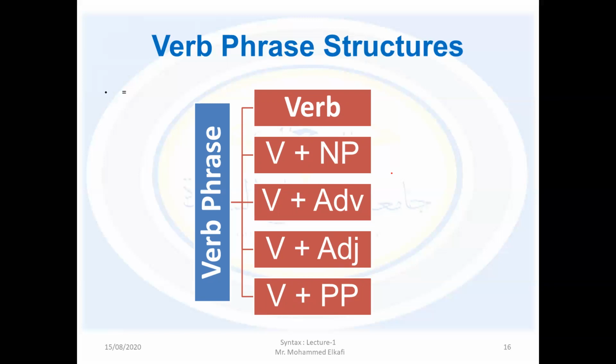The fifth verb phrase structure includes verb plus prepositional phrase. For example, she traveled to London. Here traveled is a verb and to London is a prepositional phrase. Good.